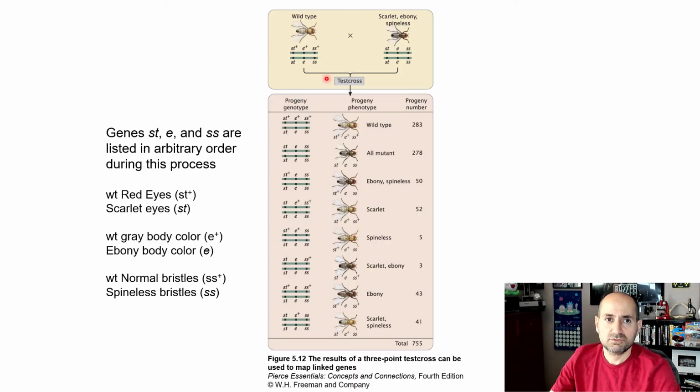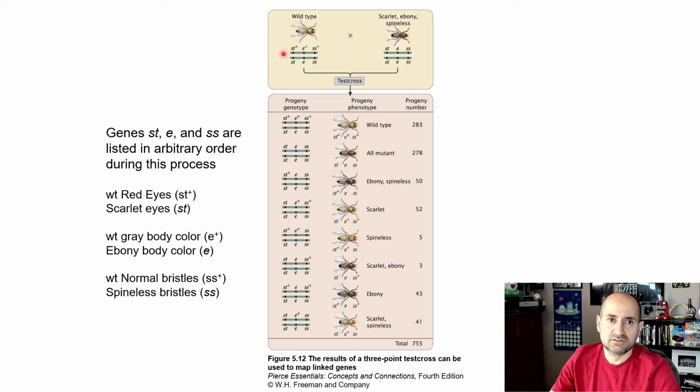So here you're starting with 2 parent flies, a wild type fly with ST plus, E plus, and SS plus. And it looks wild type, but it's actually a non-true breeder, isn't it? It's a heterozygous parent.